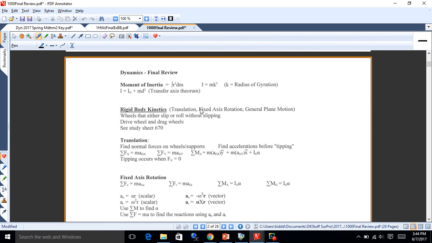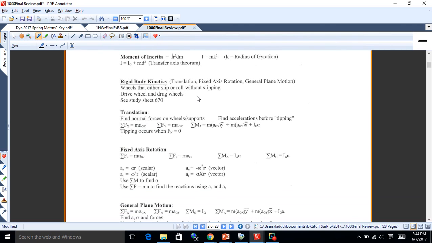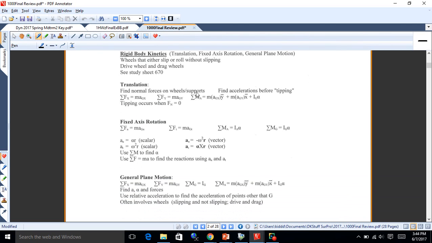All right, so what we've covered since the final is moment of inertia, so you should be ready to calculate those a bit. Then rigid body kinetics. And the three main topics are translation, fixed axis rotation, and general plane motion. So translation, generally you're doing two things.